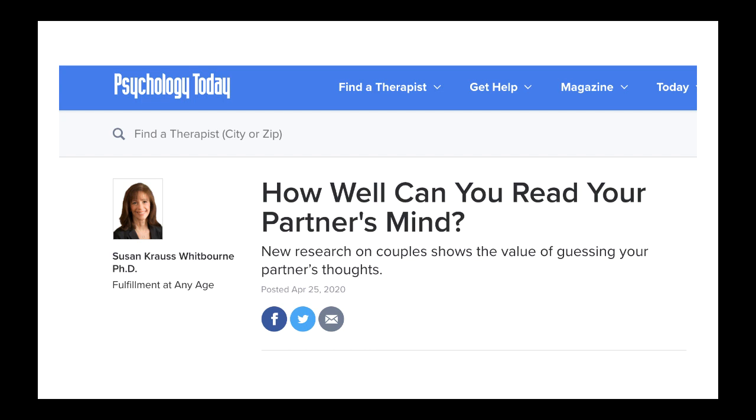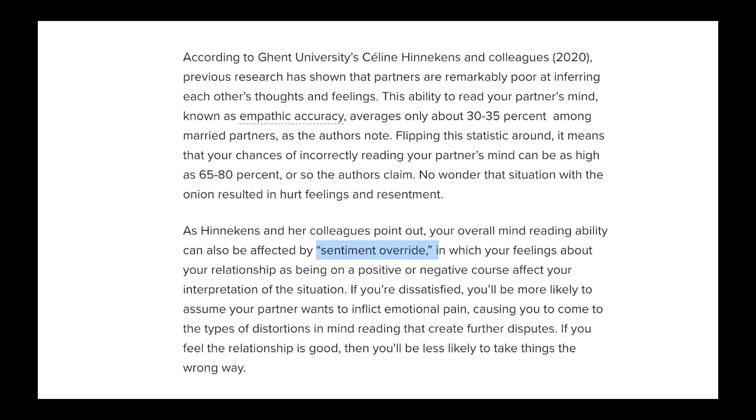I also stumbled across this article, How Well Can You Read Your Partner's Mind? And in it, there's a discussion of how people misread their partner's minds if they're being affected by what they call sentiment override. And that means that whatever they're feeling about the relationship overrides what they are trying to think about what's being said.